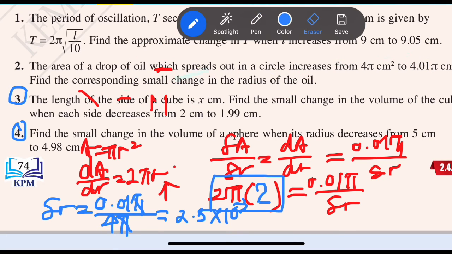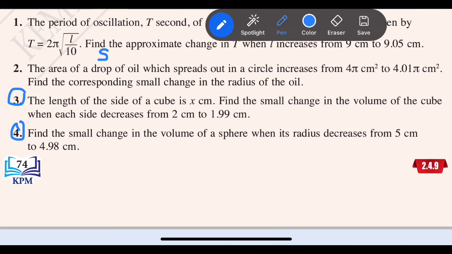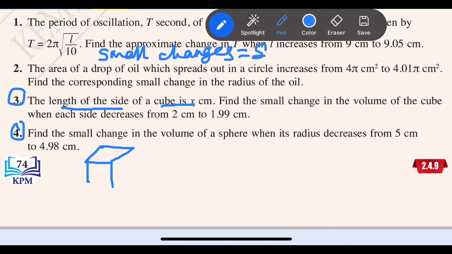Alright, now we will discuss question number 3 and 4. So let's get started with question number 3. The length of the side of a cube is x centimeter. Find the small change in the volume of the cube when each side decreases from 2 centimeter to 1.99 centimeter.